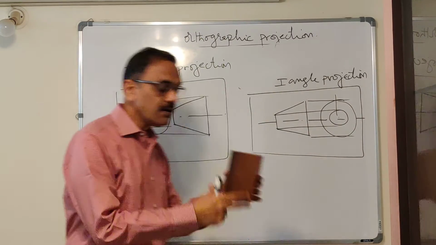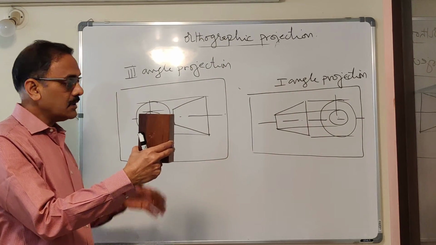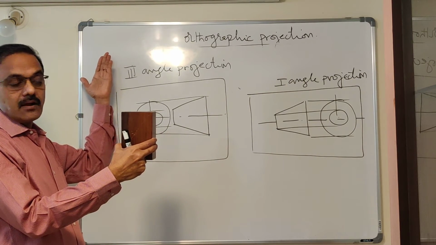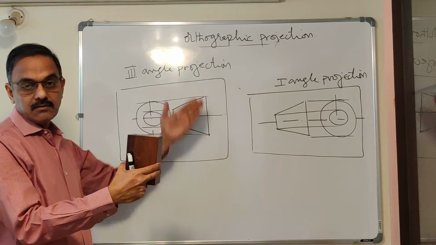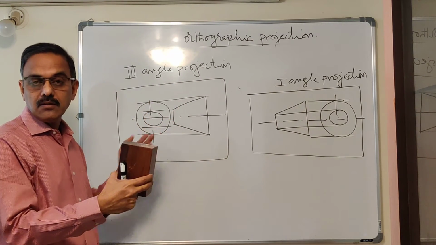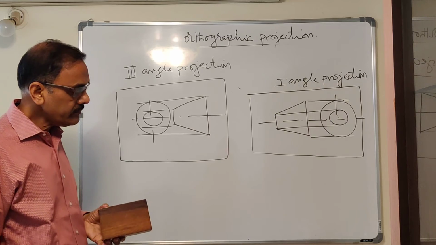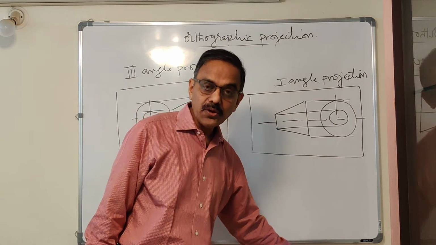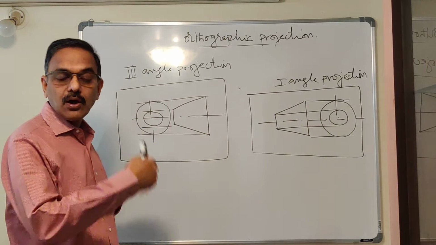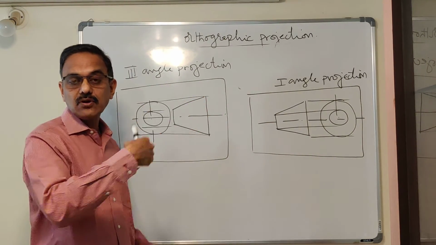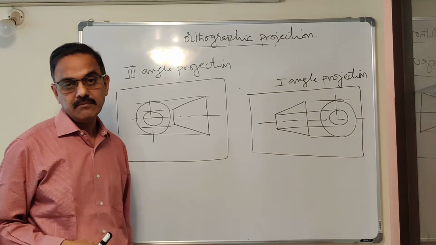If the object is here, the observer is on the other side and the plane is in between. Because the plane is in between, it had to be imagined to be transparent. And when you draw the orthographic views, how do you get them? The top view comes on top of the front view, the right side view comes on the right, the left side view comes on the left.